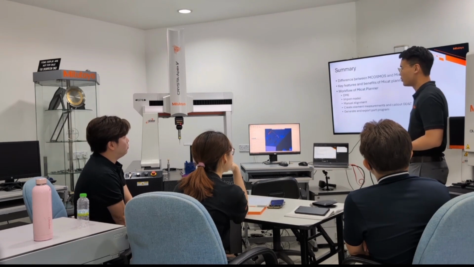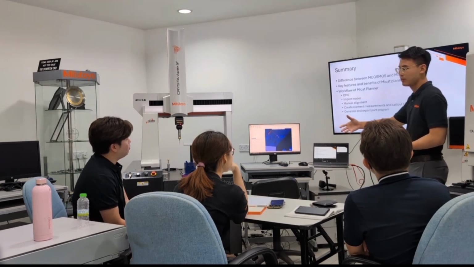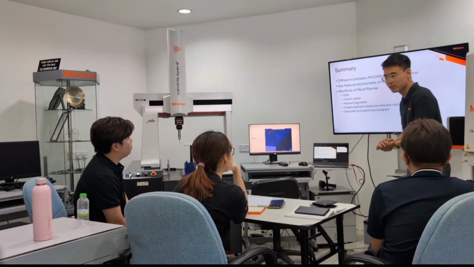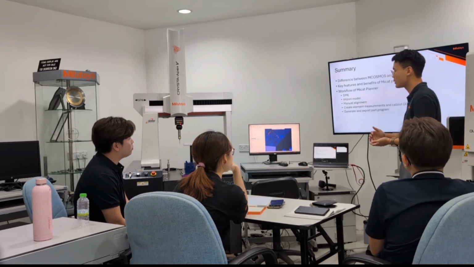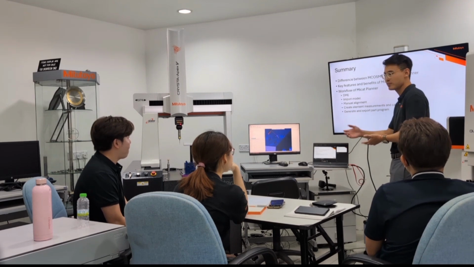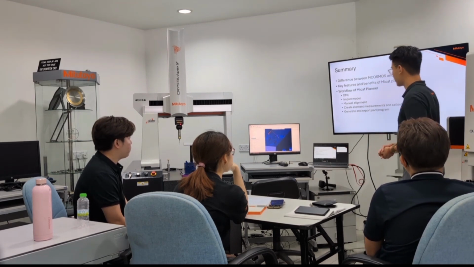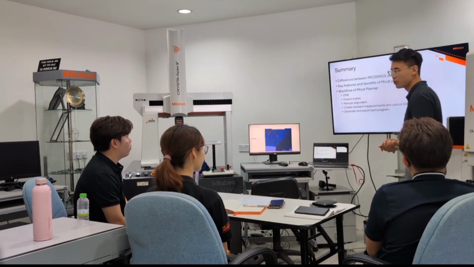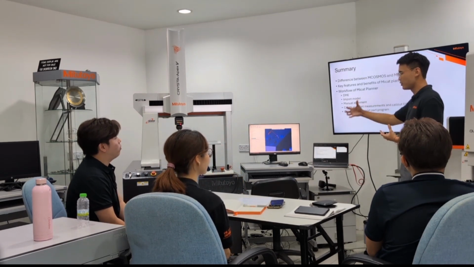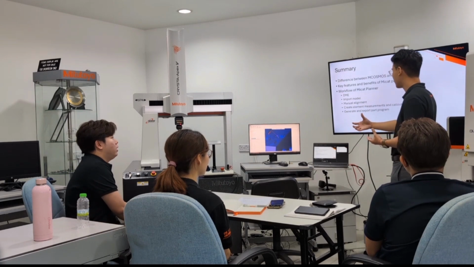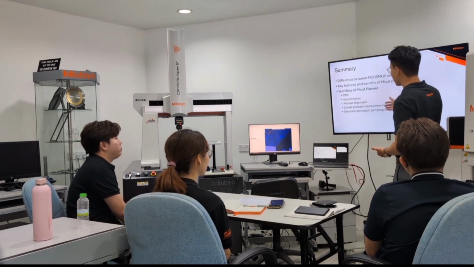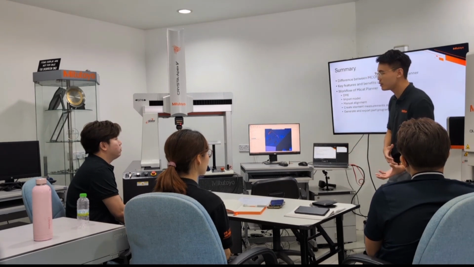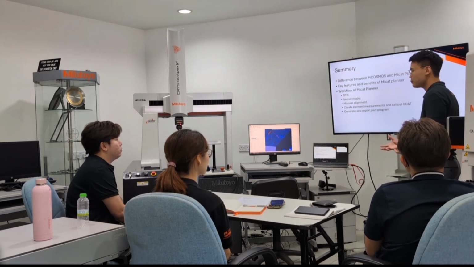We have to know our hardware first, what tolerance it is capable of, which machine model, what kind of probes, and what stylus setup comes with the machine. With that, the second part is import model. We import the CAD file workpiece into the software. The third part is alignment, to tell the machine where the workpiece is located and what its orientation is.